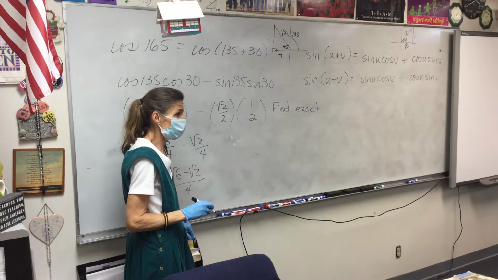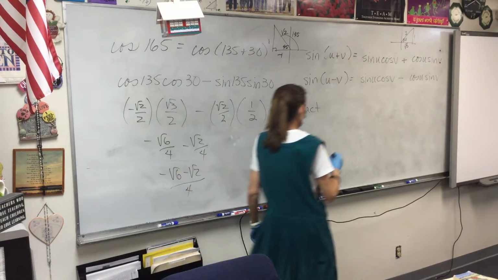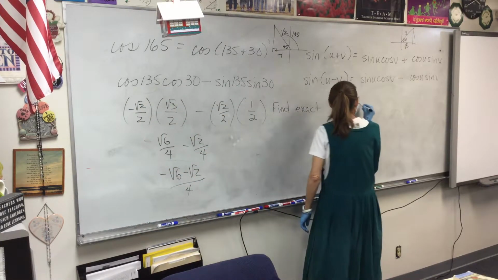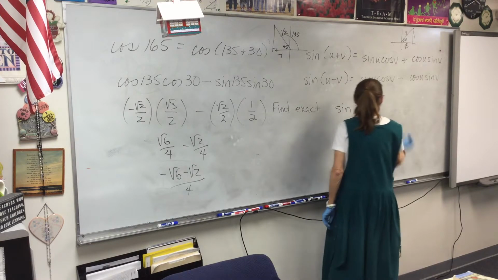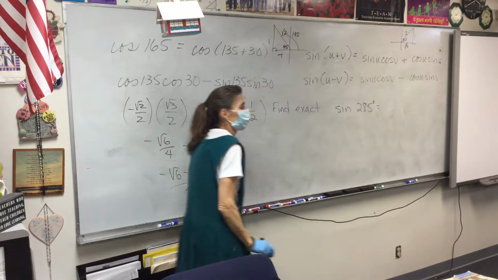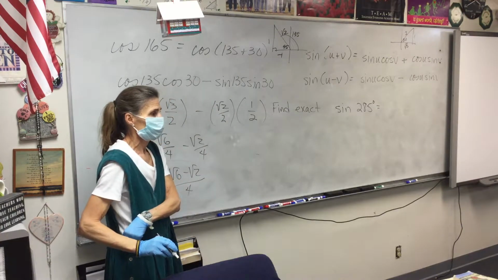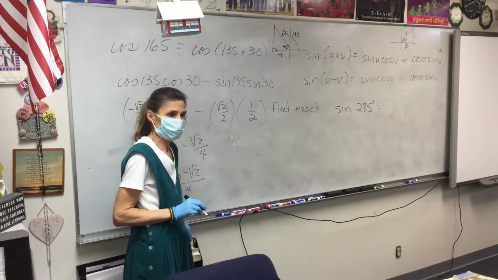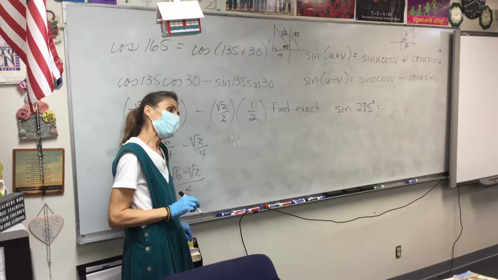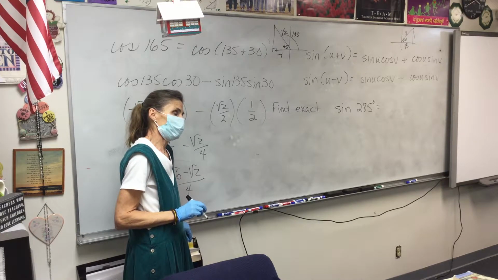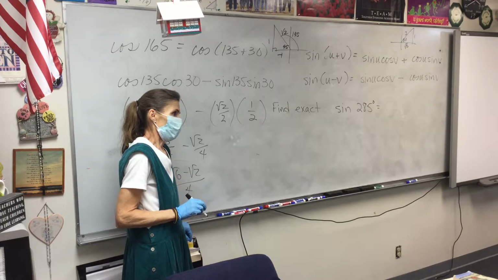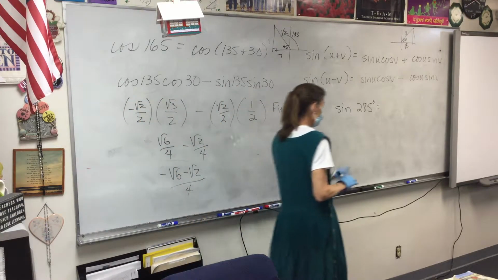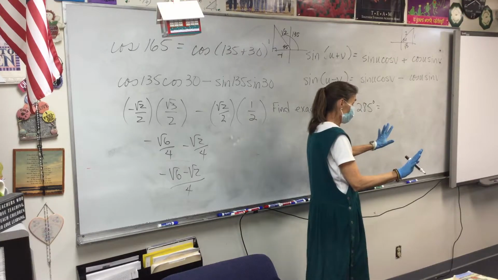All right, you ready to try one? Let's do sine 285. All right, so what's the first thing we have to do? Break it down. Yep, gotta think about how we're gonna get 285. I'll give you a little hint. Anytime mine ends in 5, I think 45.